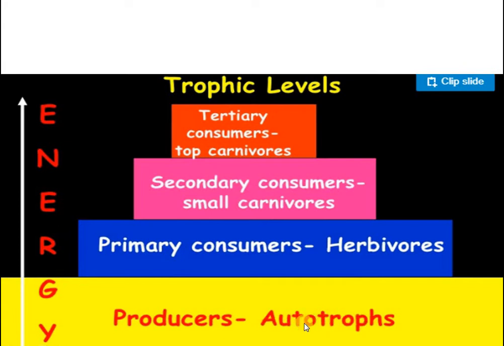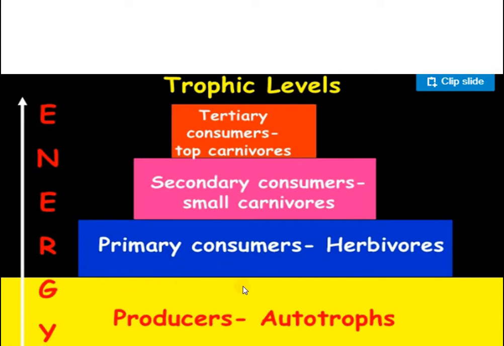I will let you know what autotroph means, but keep in mind that this is a pyramid of energy, which tells you how energy is transferred from this trophic level to this trophic level, to primary consumer, then to secondary, then to tertiary, and it can have quaternary consumers as well.